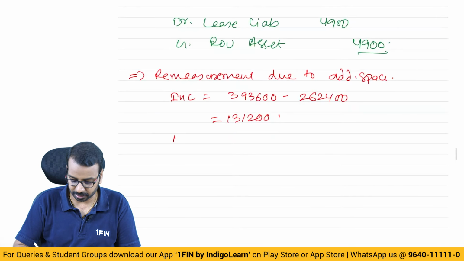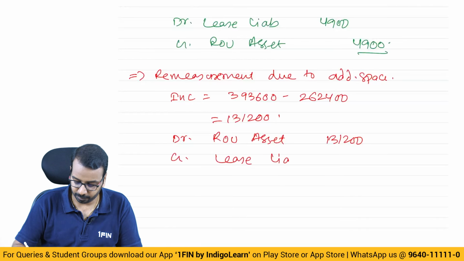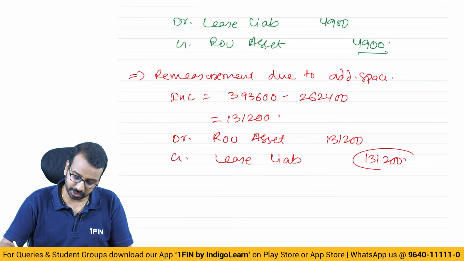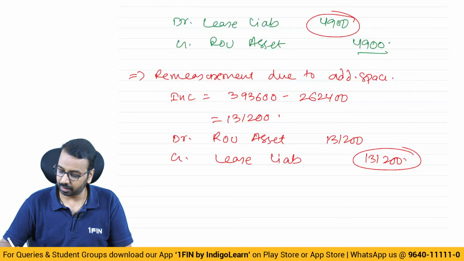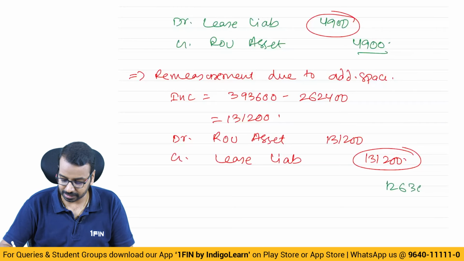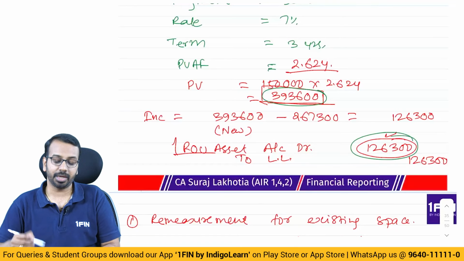What is the entry you will pass for this? You will debit right of use asset 131,200, credit lease liability 131,200. If you see the net impact, 131,200 minus 4,900, the impact is 126,300, the same impact that we had given here. Okay, so that is how it has happened.